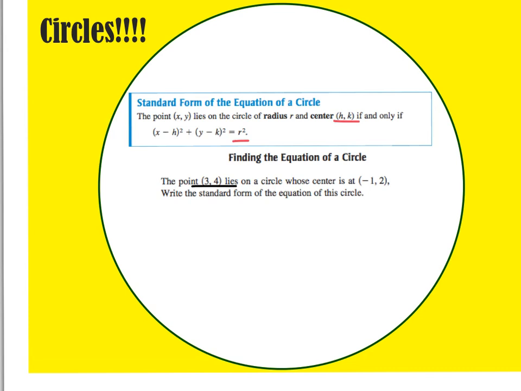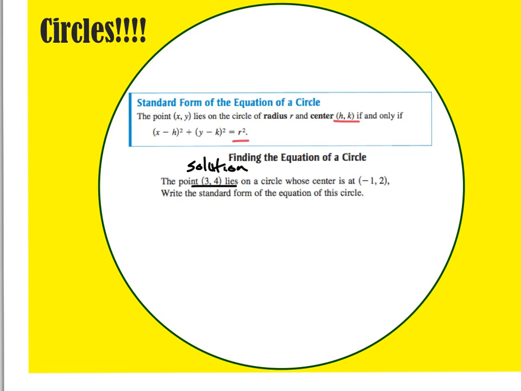If it lies on the circle, it's a solution. So 3, 4 is a solution to my equation. That's a solution point. And then I have the center, negative 1, 2.